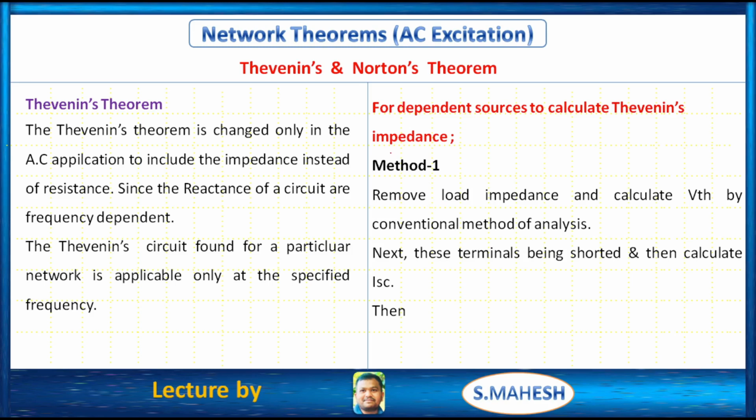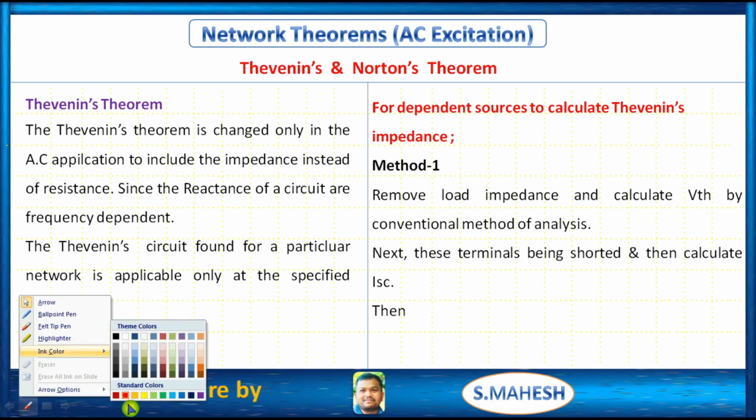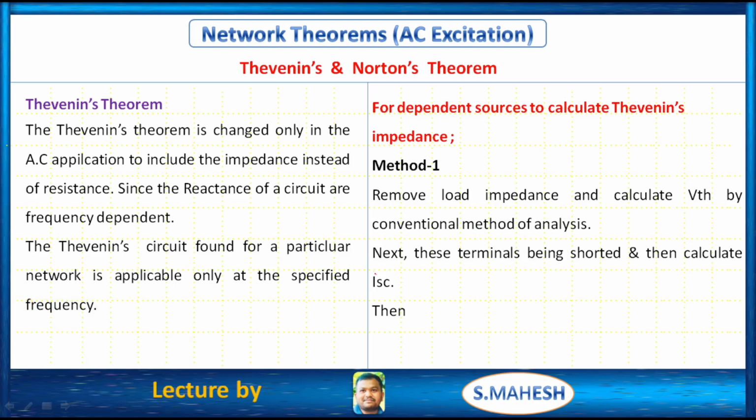For dependent sources, how do we calculate Thevenin's impedance? Here we are dealing with Thevenin's impedance instead of Thevenin's resistance. Method 1: remove the load impedance and calculate VTH by the conventional method of analysis, no problem at all. Then, with the terminals shorted, calculate ISC. Between the open circuit terminals we calculate VOC, and between the shorted terminals we calculate ISC.